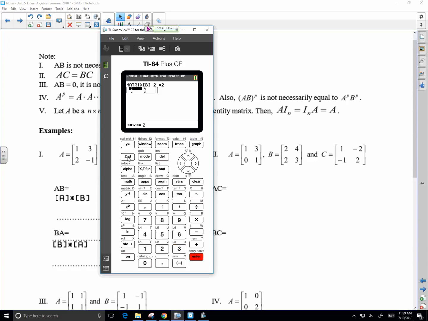4, 2, 3, and then matrix C. Again, 2 by 2. 1, negative 2, negative 1, positive 2.